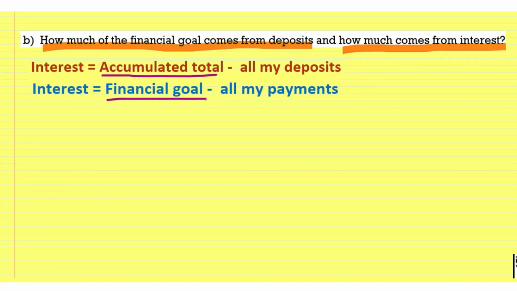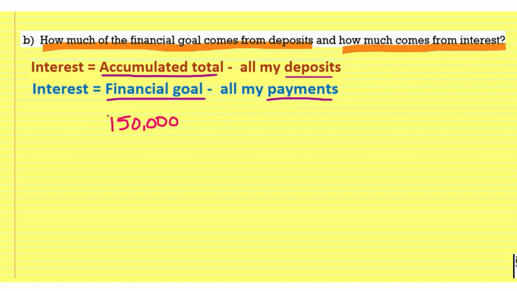It's like, what is the value of that annuity at the end of the time period? And my deposits that I'm making, my periodic deposits, are the same thing as my payments. So you can use any of these words interchangeably. So what was my financial goal? My financial goal was $150,000, right?